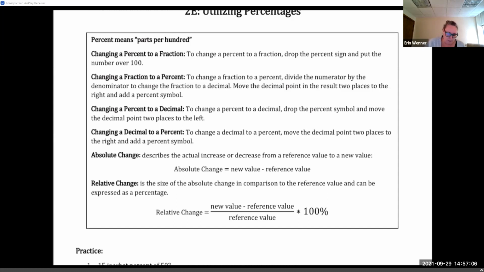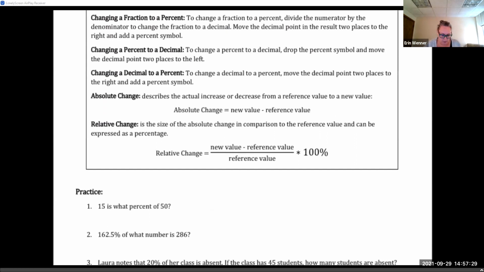To convert a percent to a decimal, you're going to move your decimal point 2 spaces to the left and drop your percent symbol. To change a decimal to a percent, you move it 2 spaces to the right and you add a percent symbol. So I'm going to not go over the absolute change and relative change. We'll come back to those. Let's just focus on the problems that we have first.